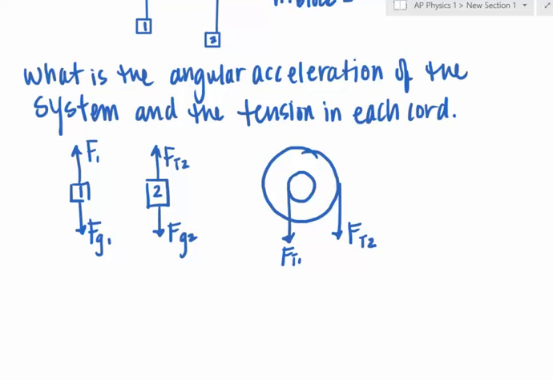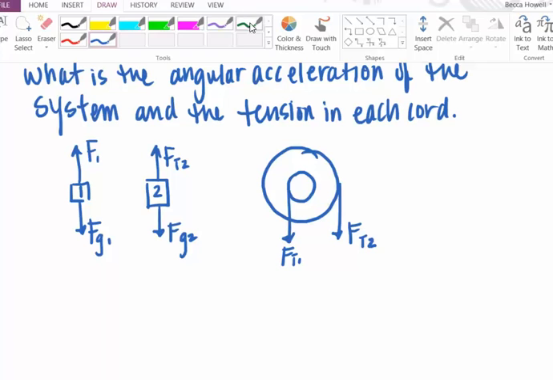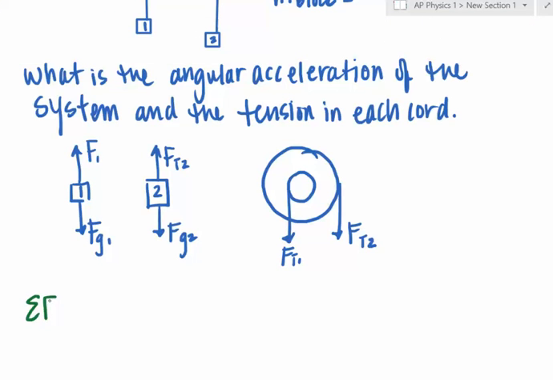Then we sum the forces, just like we've done before. So let's sum the forces in the y direction. It would be M1, A1. They have different accelerations because each wheel, as it makes 2 pi radians, each string is going to go 2 pi times r.